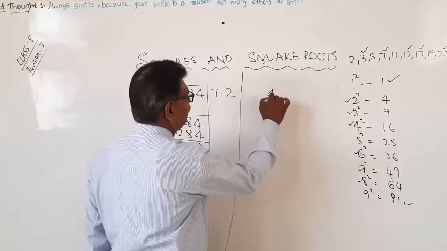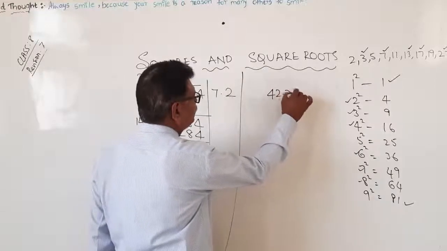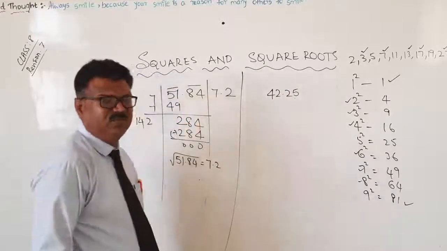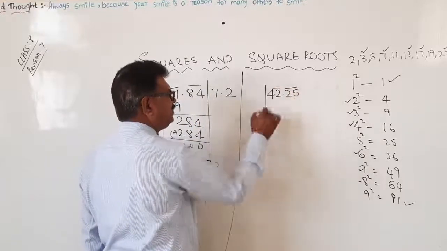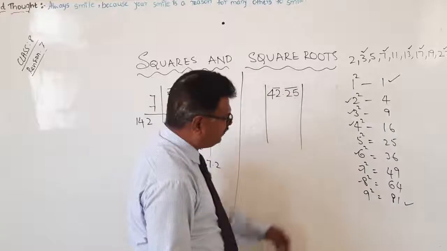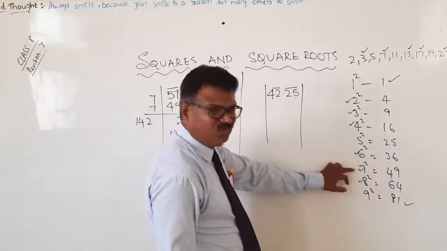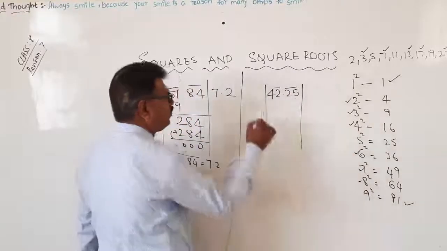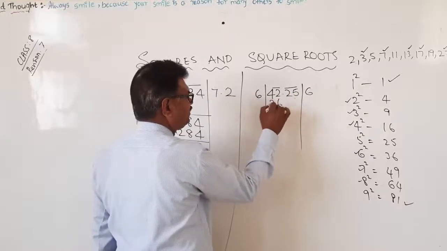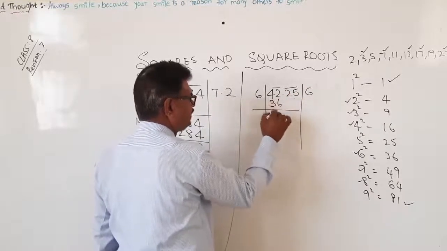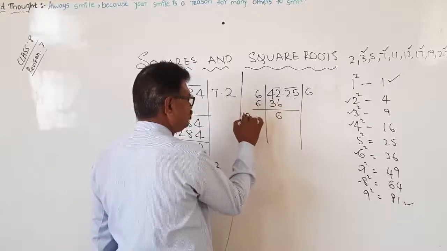42.25. Again from the right side. Yes. 42 lies between 36 and 49. Therefore, 6 into 6 is 36. 6 plus 6 is 12.